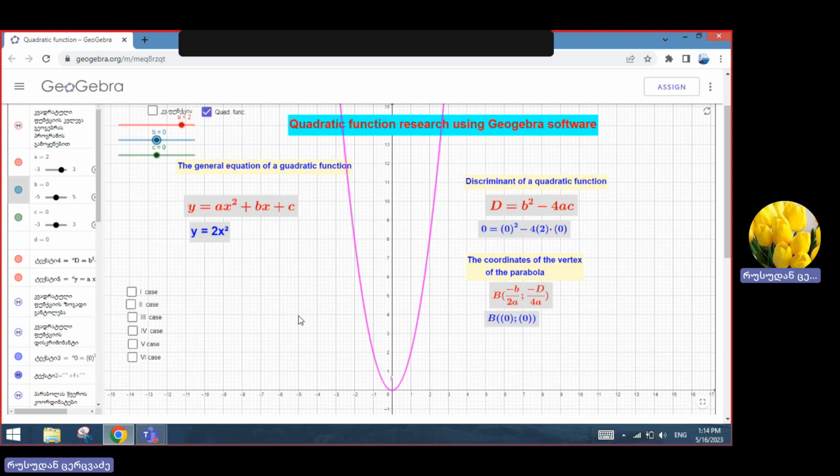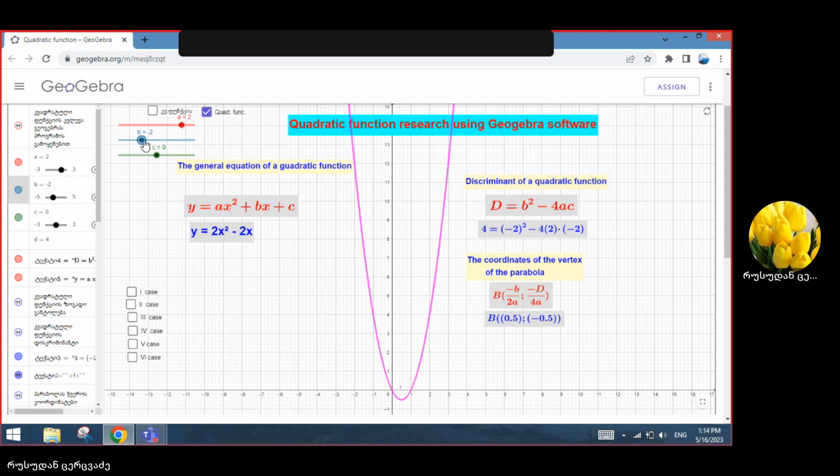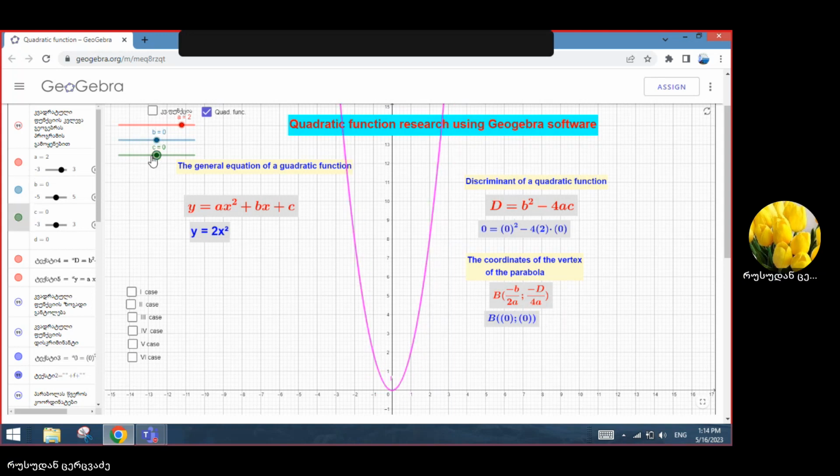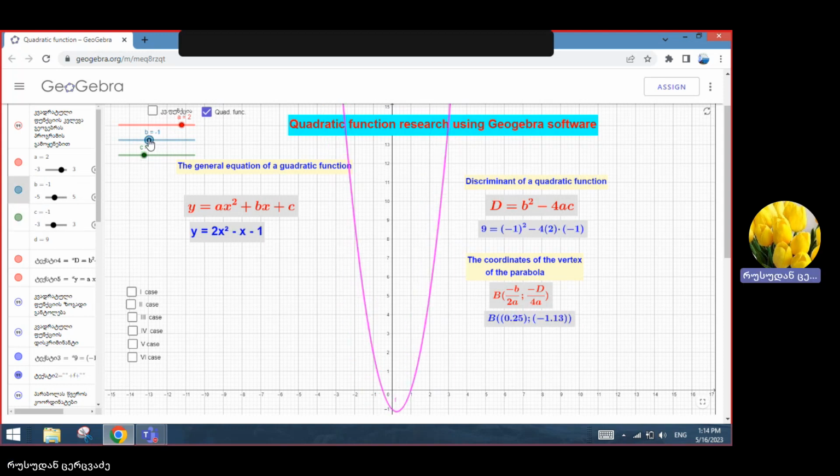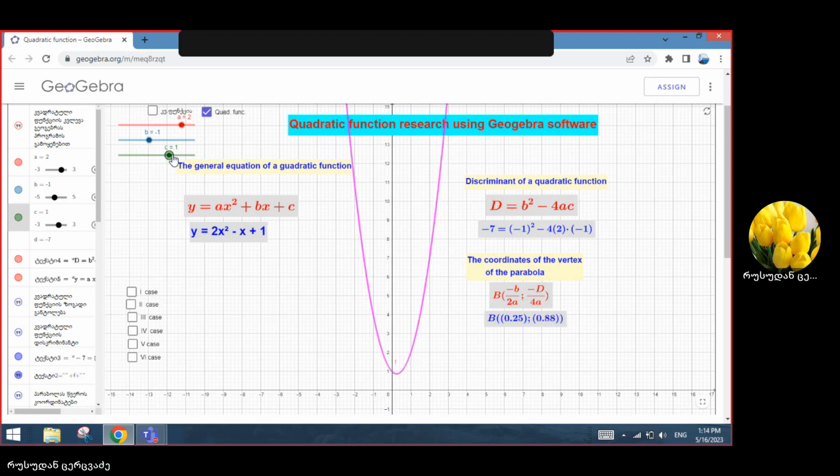Number 3. A is more than 0 and discriminant is less than 0. Branches are directed up. The graph is located above the x-axis. Function has no zeros. Number 4.